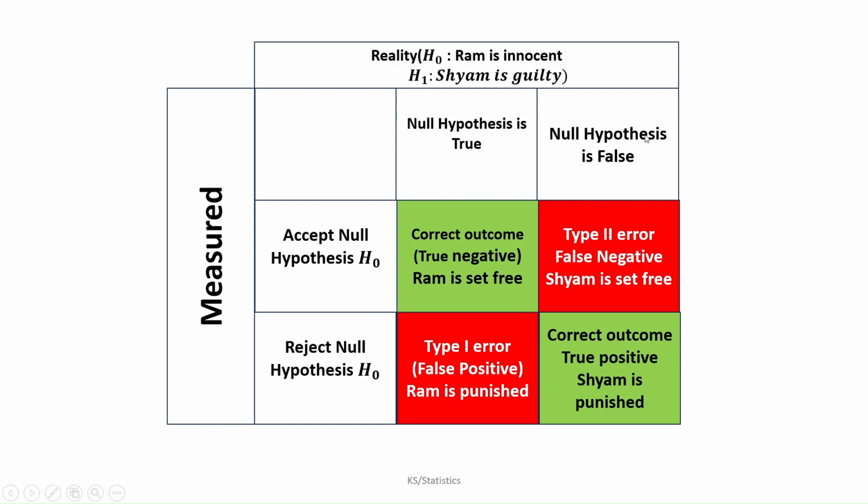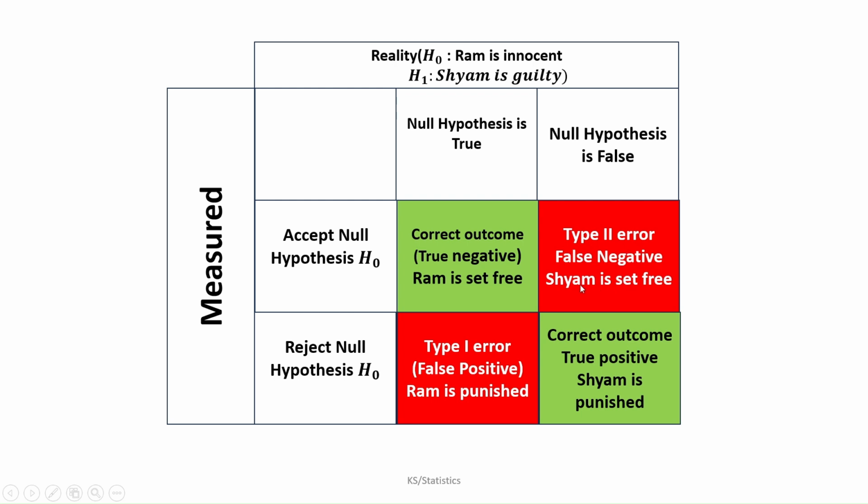When null hypothesis is false, that is H1 is true, H0 is false, that is Sham is guilty, and if null hypothesis H0 is accepted, then there is type 2 error.